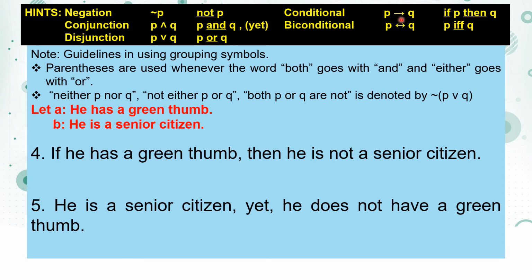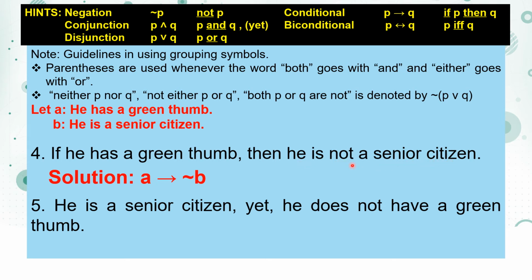And the symbol for conditional is this one. So we have, "he has a green thumb" is the proposition A. So we write A. And then the symbol for if then is this one. Then we have, he is not a senior citizen.